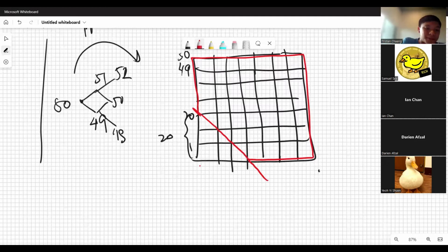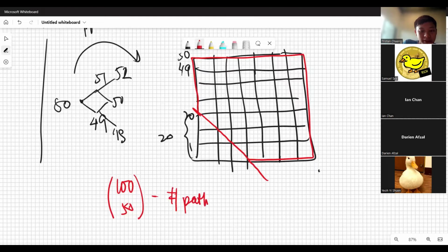So without any conditions, it will be 100 choose 50. And we want to subtract the number of paths that cross the line. Well, if a path does cross the line, that means it kind of must be inside here, isn't it?